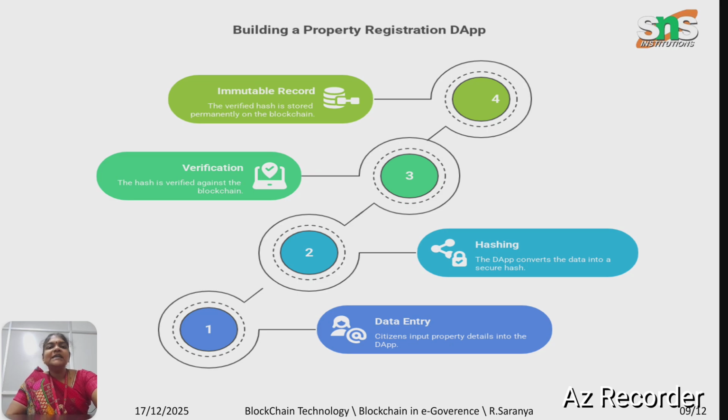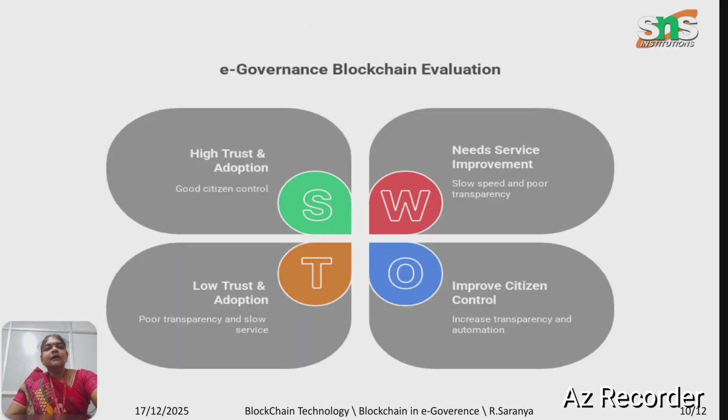So if a property is sold to one particular person, then that property cannot be sold illegally to any other person in any way. So those details will be available in our blockchain record, which will reduce the fraud or illegal registration of the property.